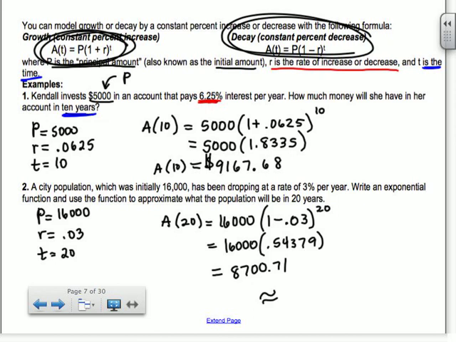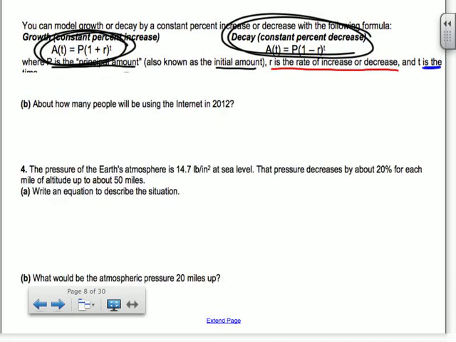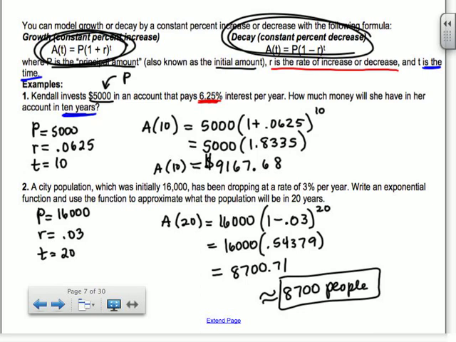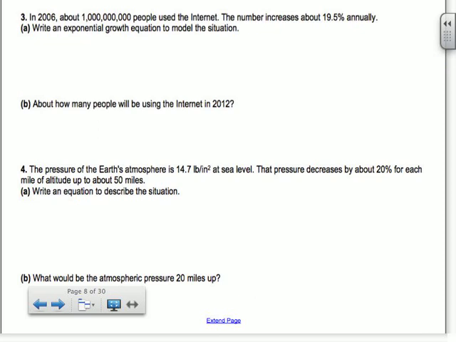So we're going to say 8,700 people. All right, you guys try 3 and 4.